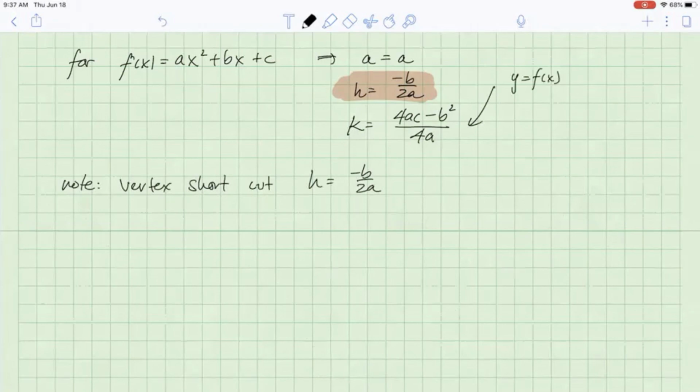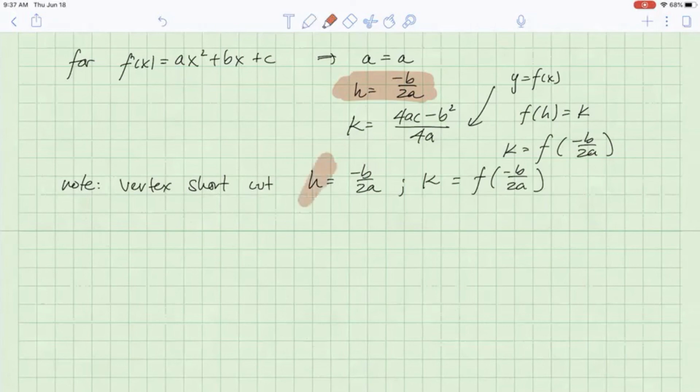This is the output when the input is h, that is to say, f of h equals k, and so k is also f of negative b over 2a when you plug that value in. So the other shortcut here is k is just whatever the y value is that goes with the h vertex value. And that's known as the vertex shortcut.